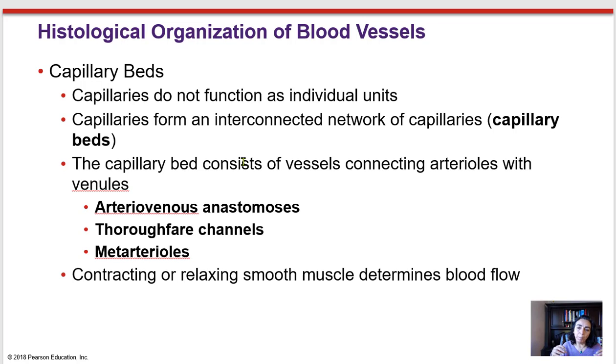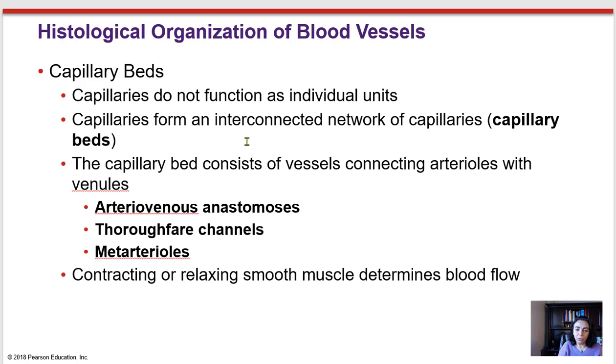We have a bed of capillaries, that means we have a network of capillaries, like a net. If it is arteriole here, then it's spreading, making a bed here, and these are continuing on the other side with the venule. So we have capillary beds. These are not individual units, they are working together.